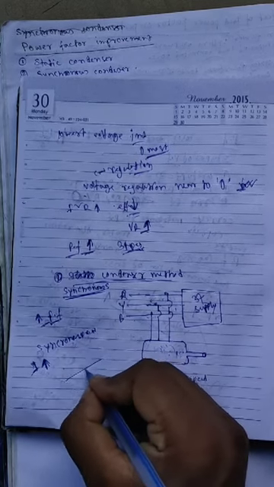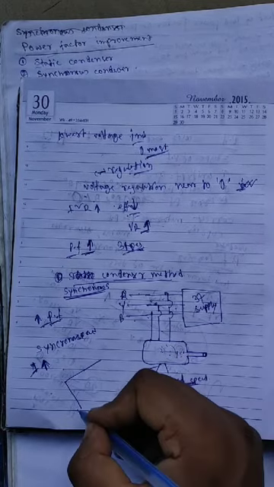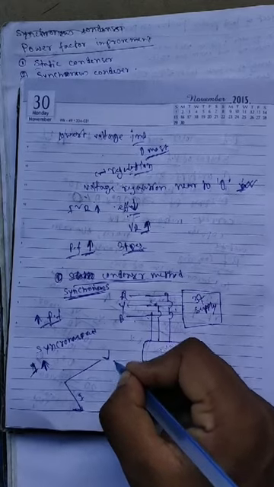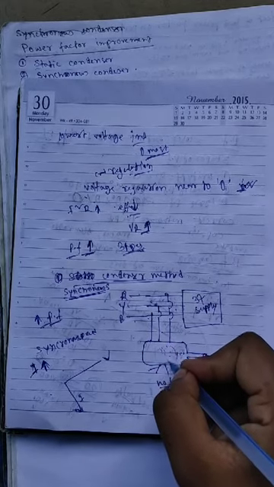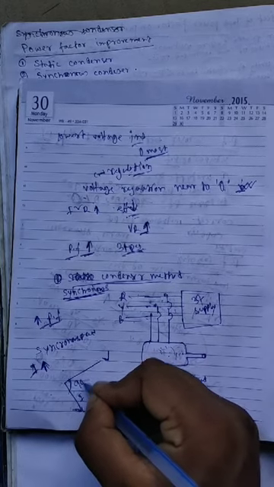Suppose this is V. At first there is a lagging load, so the motor carries current. This is I, this is V. This is an inductive load, a motor coil, so I is lagging by 90 degrees.